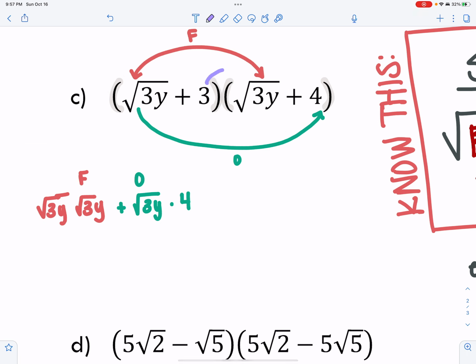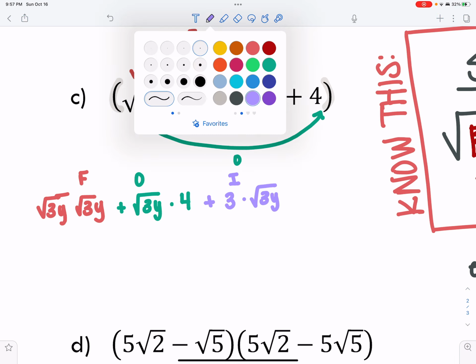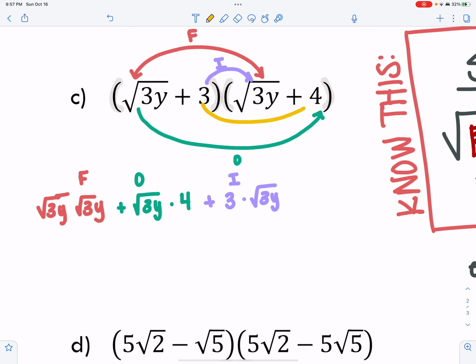Inner, the square root, so plus sign between them, 3 times the square root of 3y, and then last, 3 times 4.